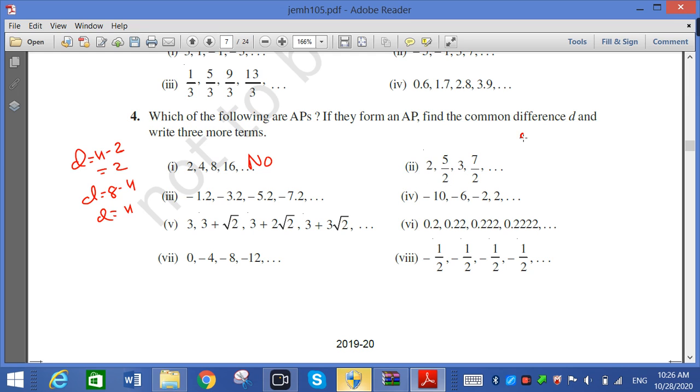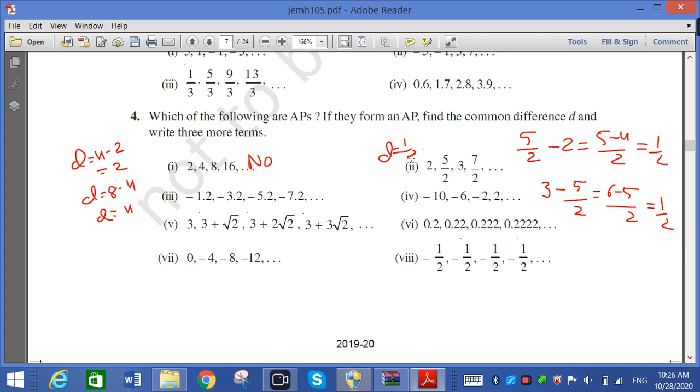Second, 5 by 2 minus 2. So 5 minus 4 by 2, that is 1 by 2. Now again 3 minus 5 by 2, that is 6 minus 5 by 2, again 1 by 2. So here d is equal to 1 by 2 every time. So we can say yes.